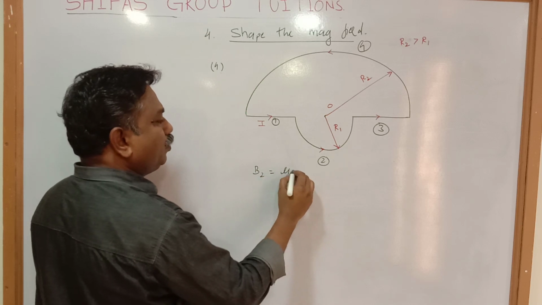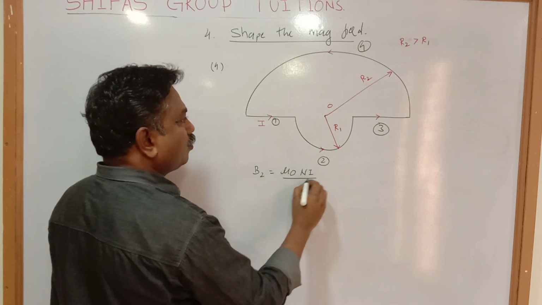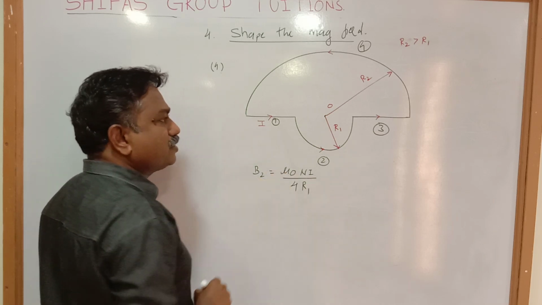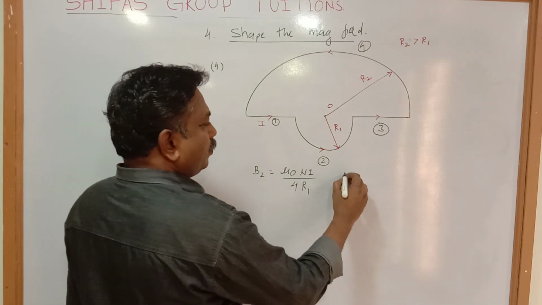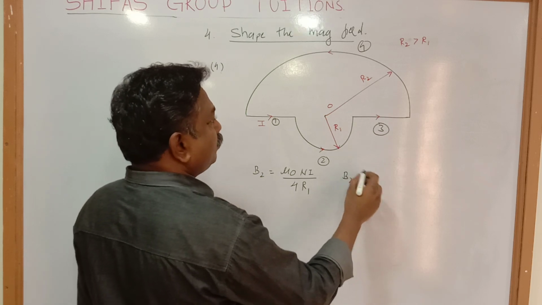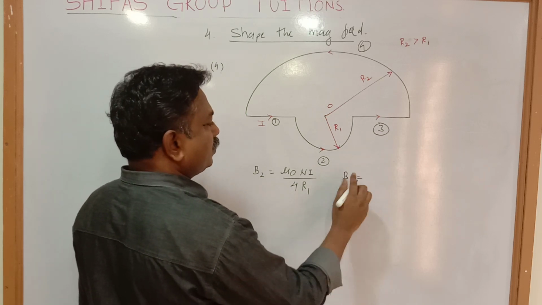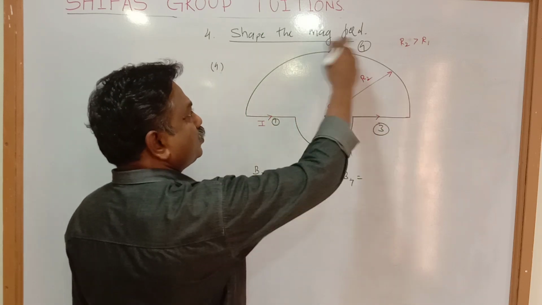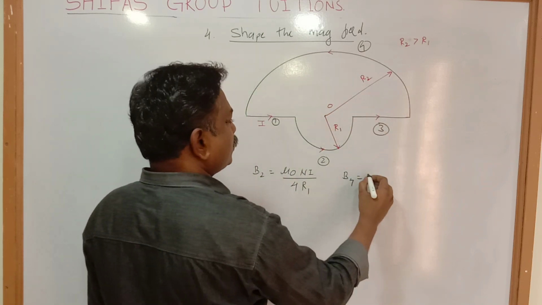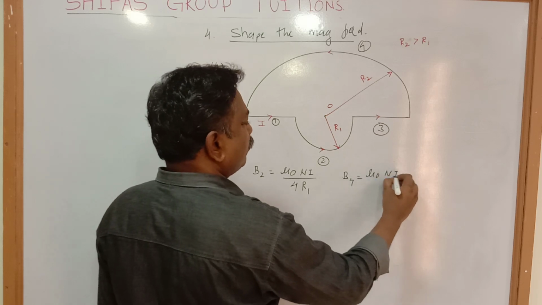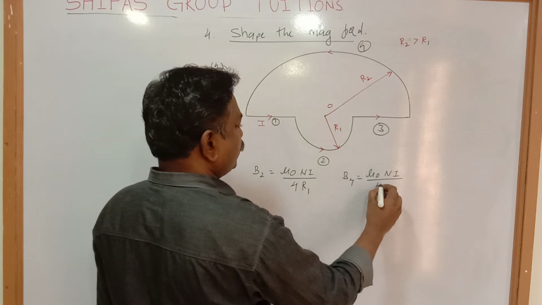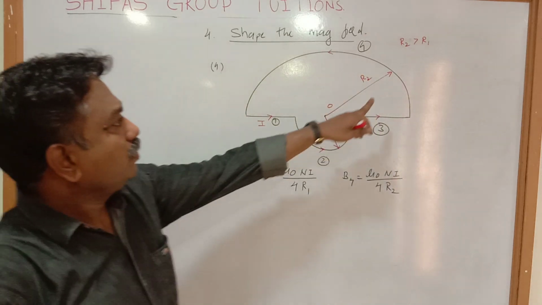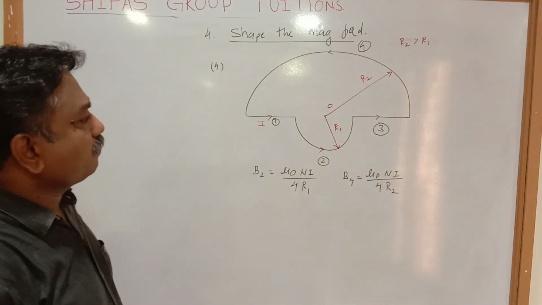B2 is equal to mu naught N I upon 4 R1, as it is a semicircle. For B4, it is mu naught N I upon 4 R2, where R2 is the radius.